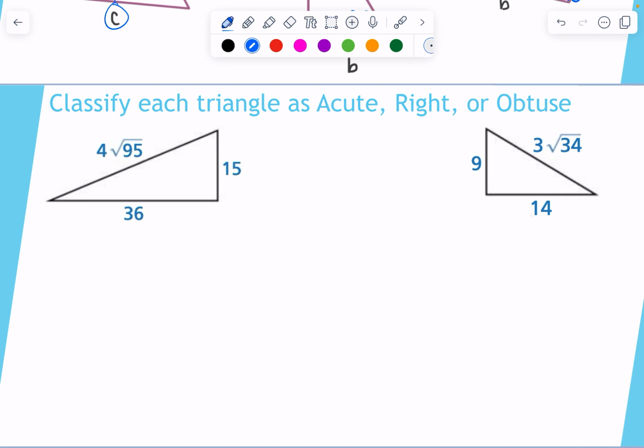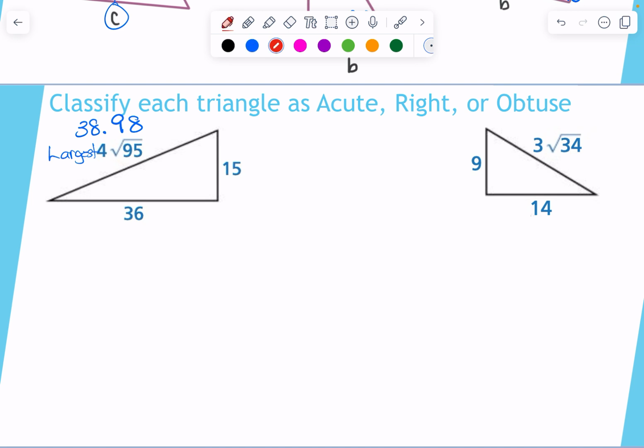So I'm going to go 4 times the square root of 95, and that's going to get us 38.98. Okay, 38.98. If you round, 38.99. Now, that's enough to know that this has to be the largest because 38 is bigger than 36.